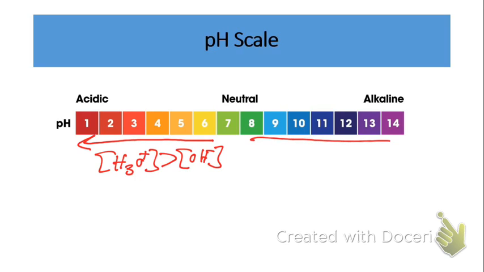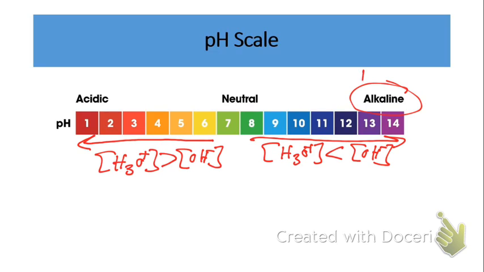At pHs greater than 7, the hydronium ion concentration is going to be smaller than the hydroxide ion concentration. So it becomes more alkaline or basic above pH of 7 and more acidic below pH of 7.